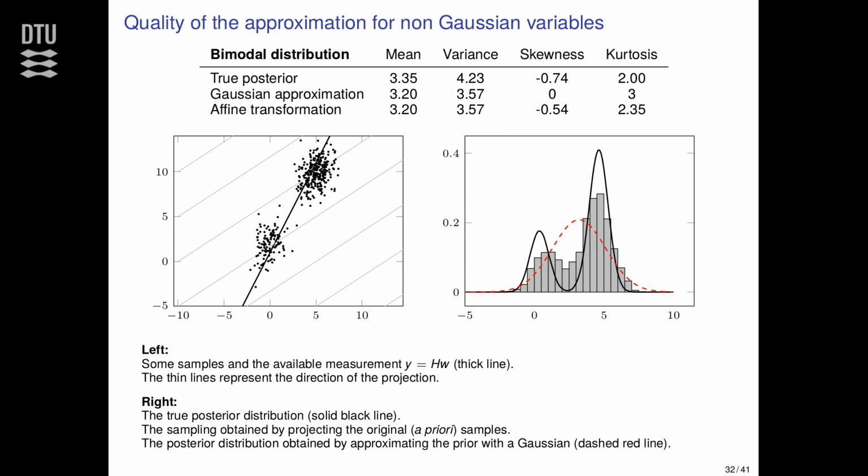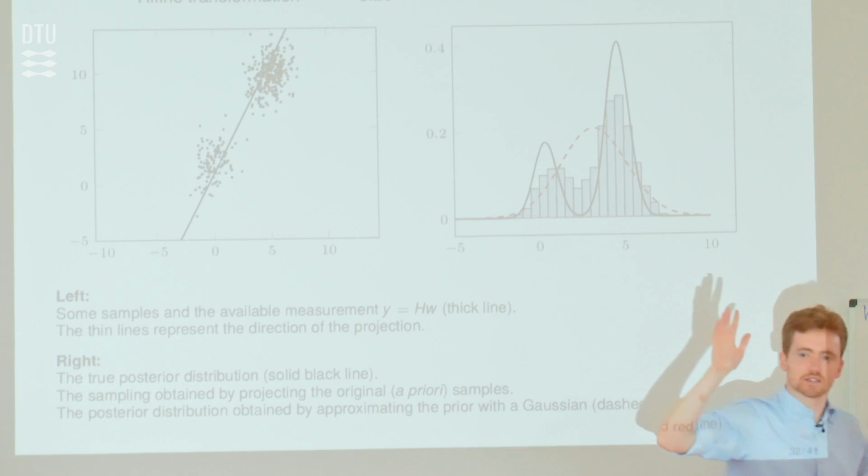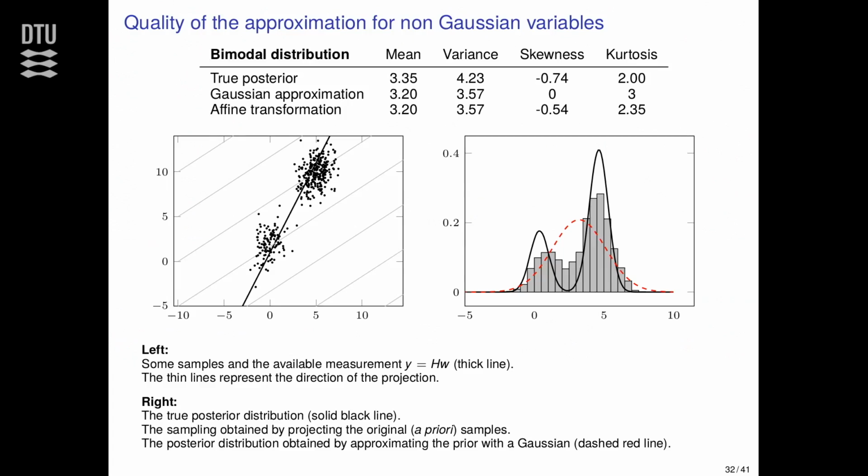For example, this method gives you a bimodal distribution. If at the beginning you said, I assume everything is Gaussian, you will never get a bimodal distribution, right? It also gives you finite support. If these points were in a finite support, by projecting them, they don't get scattered around, right? They stay in a finite support, which is something we like. Here is another example.